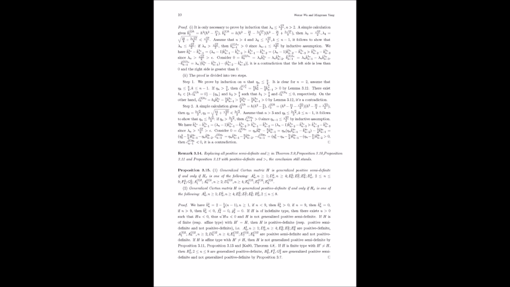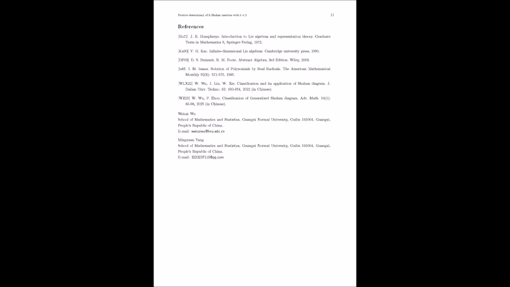Propositions 3.11 and 3.13, for example, examine specific matrices like H sub 1, sub 2, F sub 4, B sub and others, outlining when they exhibit this property based on the value of H. It's impressive how the authors systematically build this framework for understanding positive semi-definiteness in both regular and affine generalized Cartan matrices, all through this lens of h-Shuhan matrices. It's a testament to the power of mathematical abstraction. By finding these connections, we gain a deeper understanding of seemingly disparate areas.